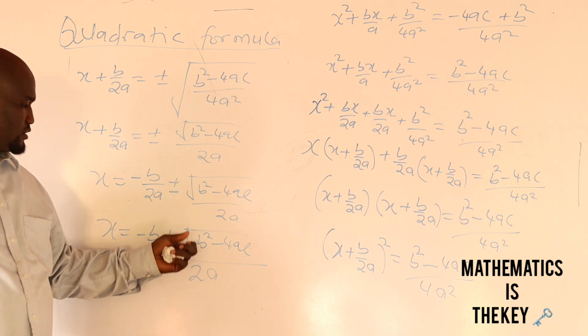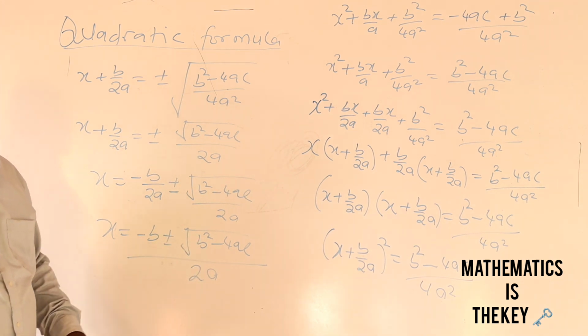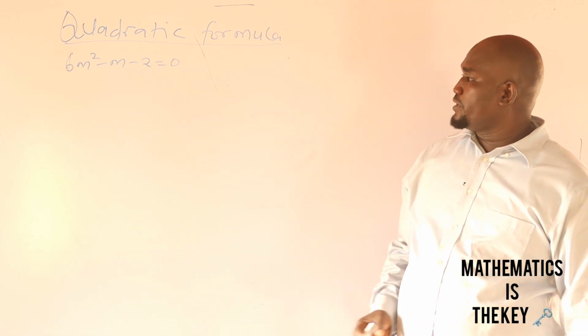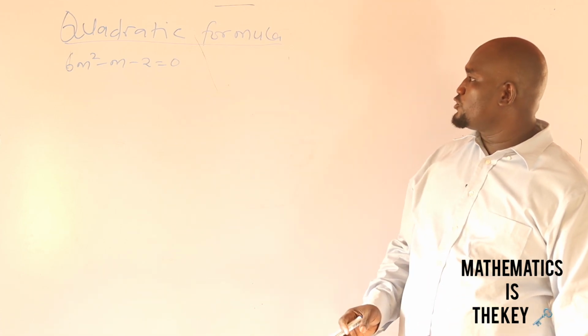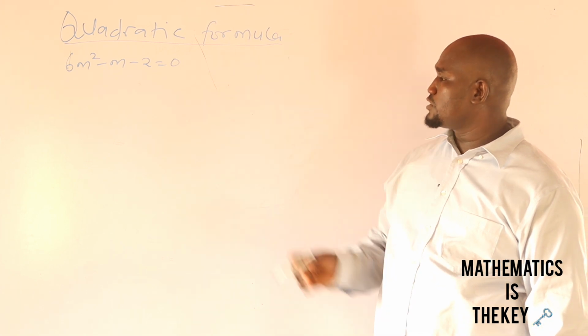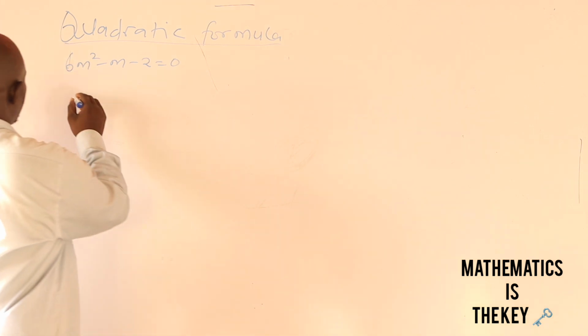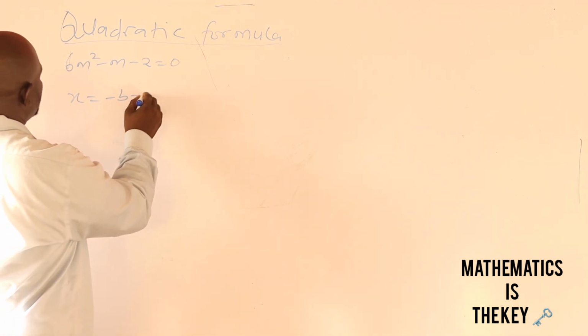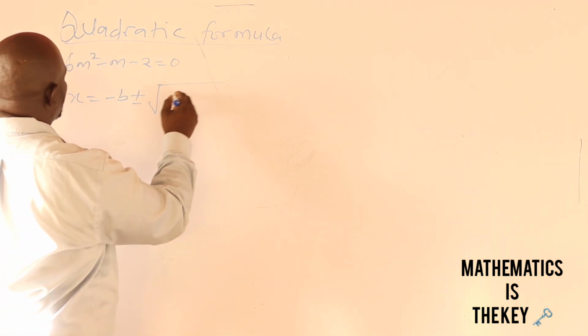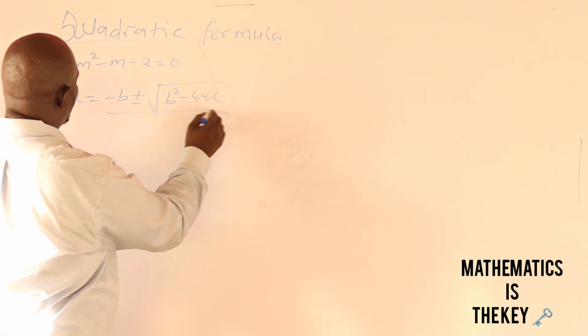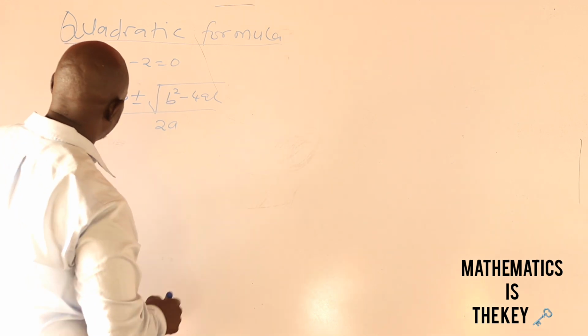You can solve any question in quadratic equations with it, as you are going to see in the following examples. In this example, we have 6m squared minus m minus 2 is equal to 0, and we are going to solve it using the quadratic formula. You recall that the formula gives us x is equal to minus b plus or minus the root of b squared minus 4ac all over 2a.